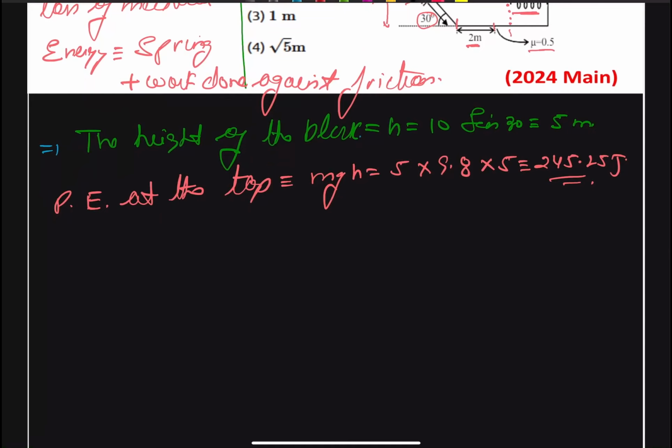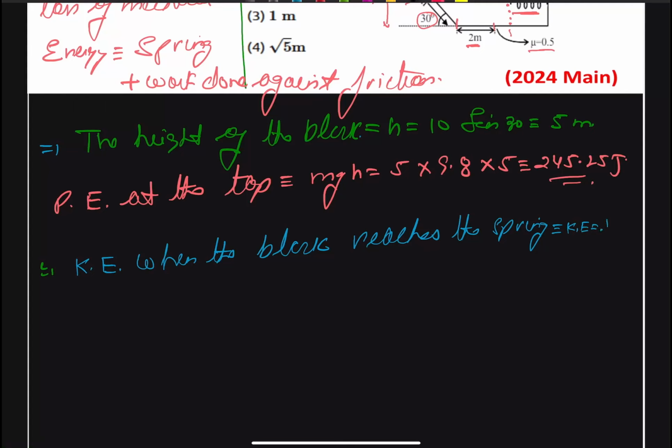Therefore we can say the kinetic energy of the block when the block reaches the spring will be equal to half m v square.